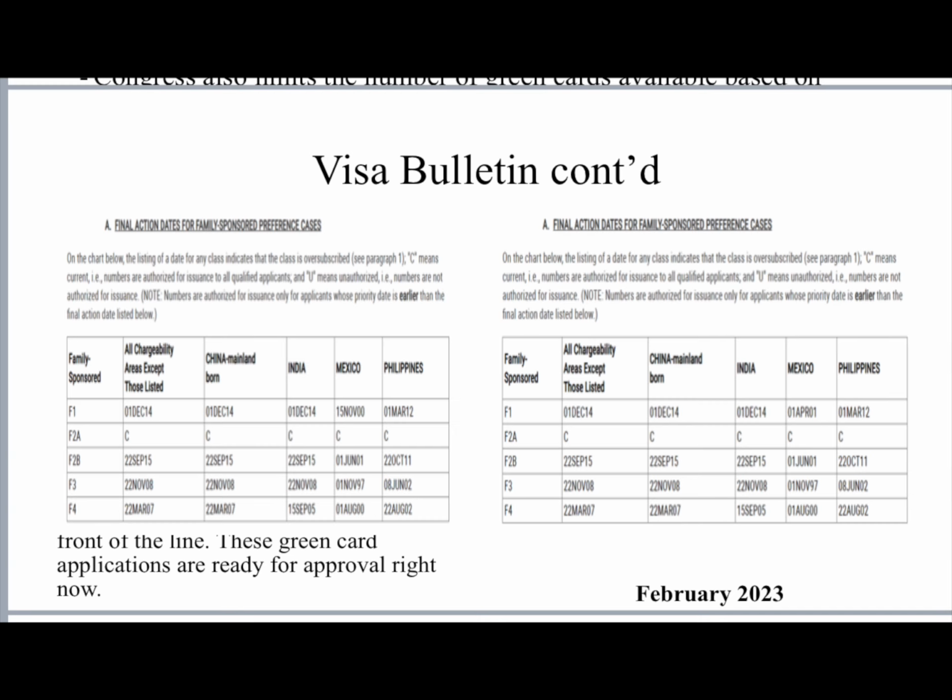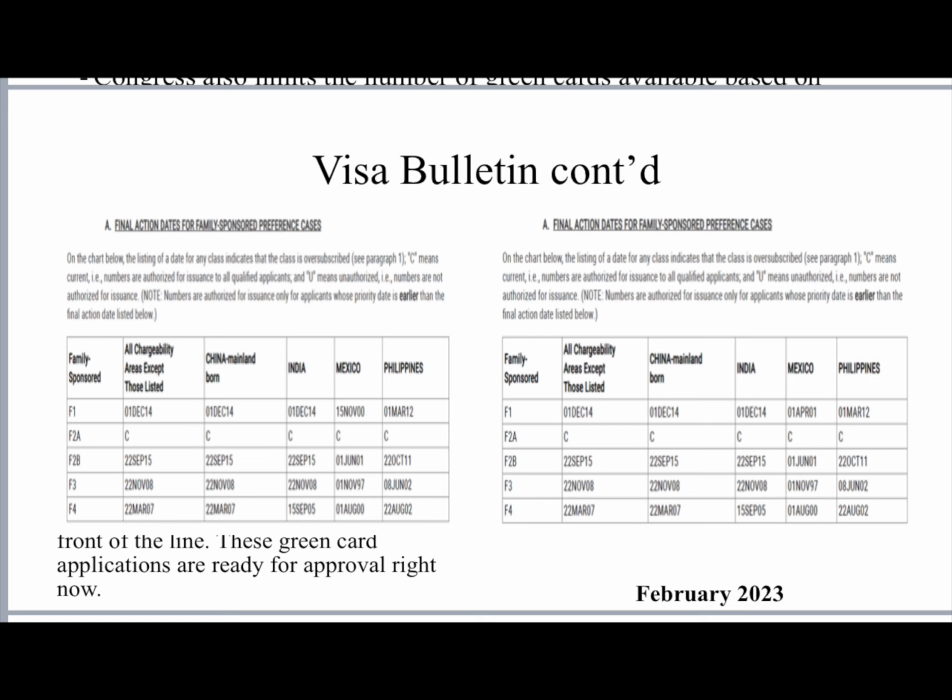And you will look at chart A, which says the final action dates for family-sponsored preference cases. This chart shows which priority dates have reached the front of the line, so these green card applications are ready for approval right now.